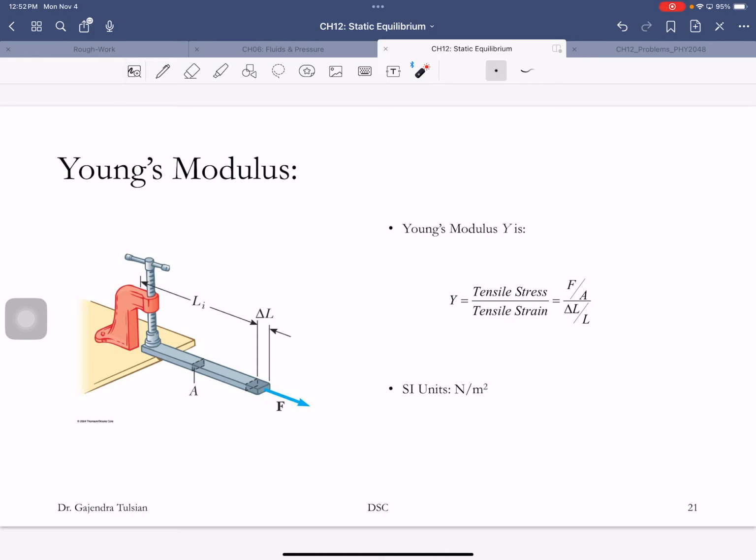Strain is dimensionless, meter divided by meter, that cancels. And stress is force per unit area, Newton per meter squared. When we are talking about pressure, this unit is called pascals, but here we won't call it pascals. We'll just leave it as Newton per meter squared.